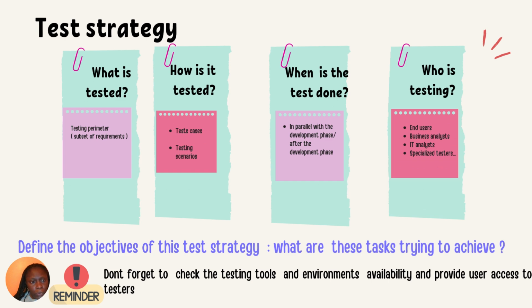The most important thing is, before starting the strategy, you have to make sure that you have in mind the goals that this strategy is trying to achieve. And when you have done your testing strategy, make sure that you have also provided the testing tools and environments, that you have checked the availability, and that you have provided the testers with user accesses.